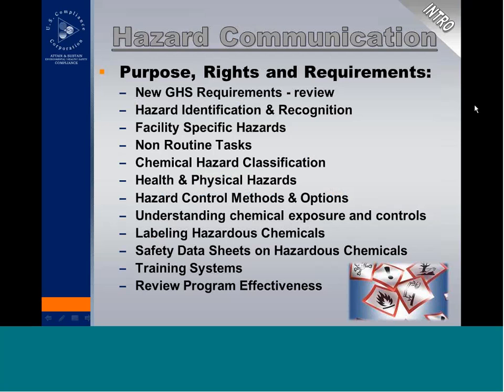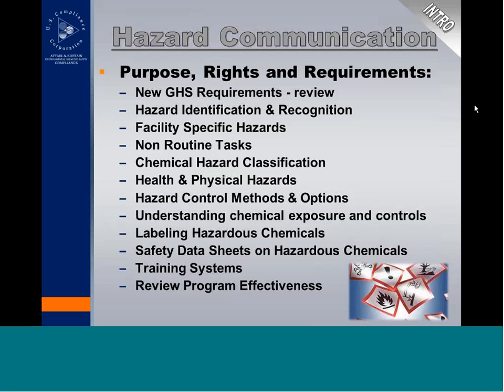The purpose, rights, and requirements under the OSHA Hazard Communication Standard include some of the new requirements we're going to discuss during this training today: hazard identification and recognition. We'll discuss some of your facility-specific hazards, as well as how we address non-routine tasks, which typically have a higher rate of incidence because of non-familiarity.